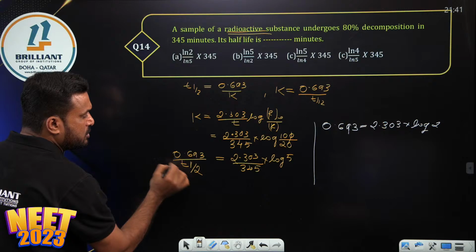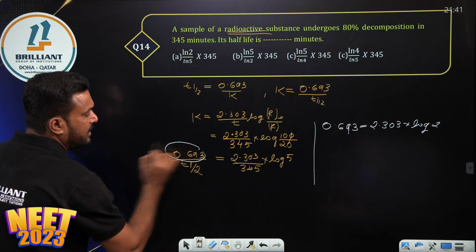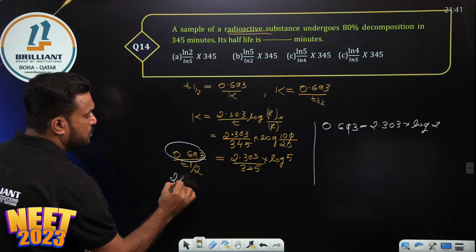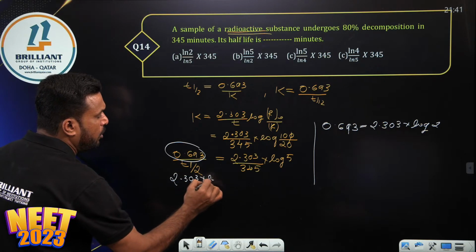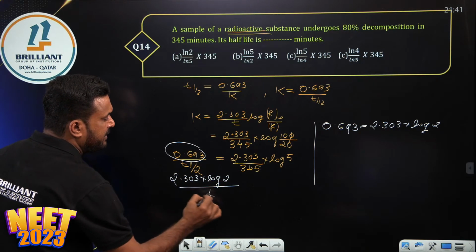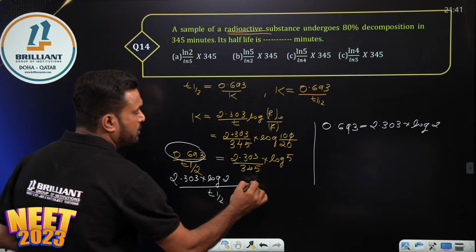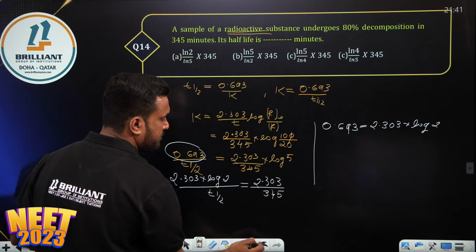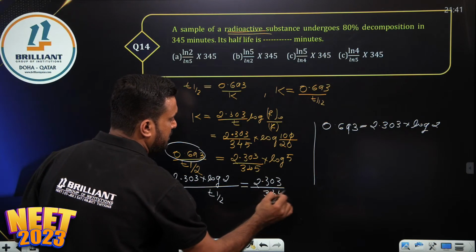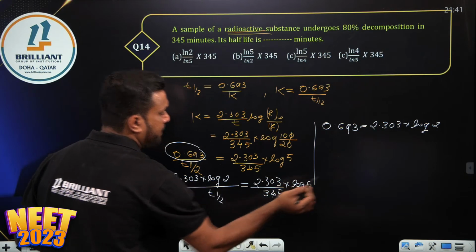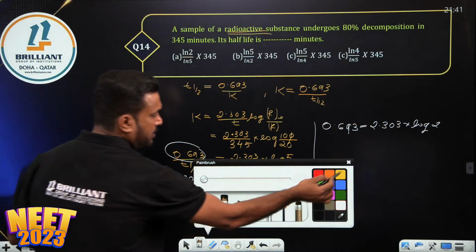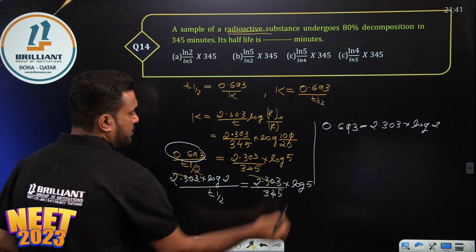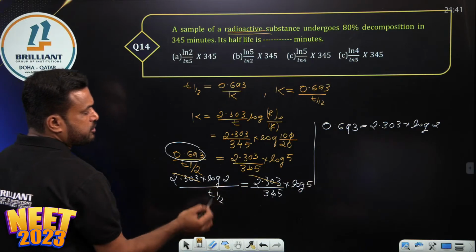So I can substitute it: 2.303 into log 2 divided by T half is equal to 2.303 divided by 345 into log 5. Now 2.303 can be cancelled. Now you can cross multiply.